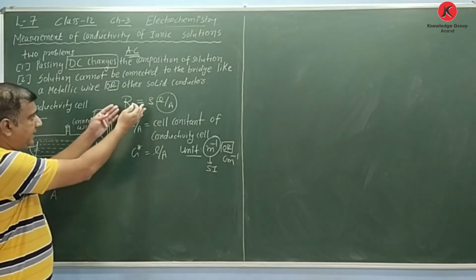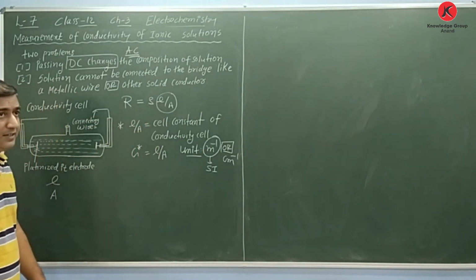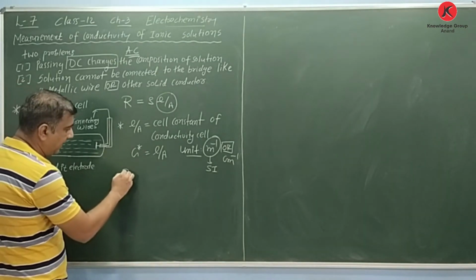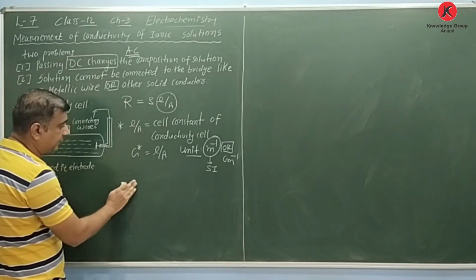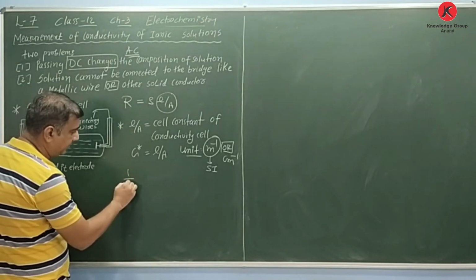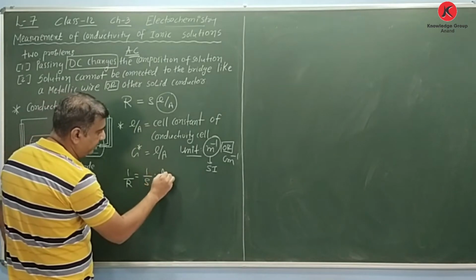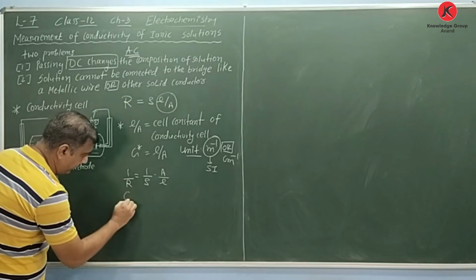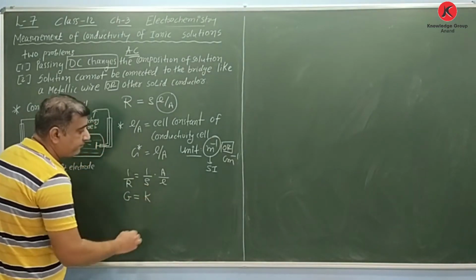So we can write based on this formula, L by A is the cell constant. That means we can write R equals rho L by A, or otherwise taking the inverse, 1 upon R equals 1 upon rho times A by L. Now 1 upon R is known as the conductance, and 1 upon rho is the conductivity.